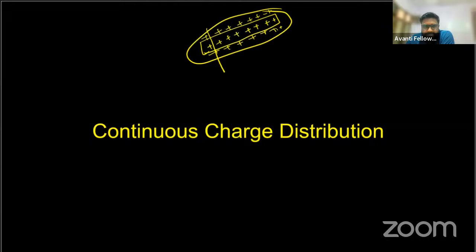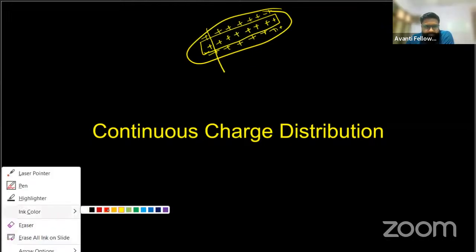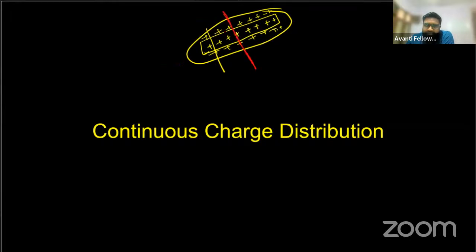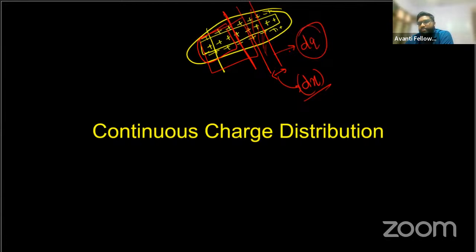If you take this cross section, it also has some charge. If you take this cross section, it also has some charge. Even if you take a very small length, the differential length dx, even then on this particular strip there is some charge, which is termed dq.